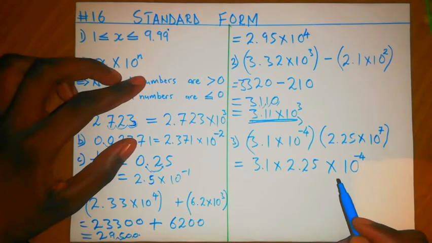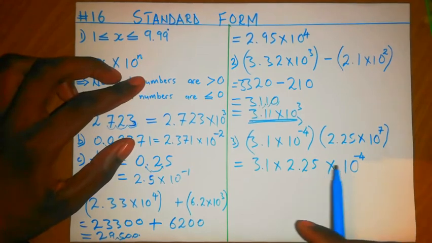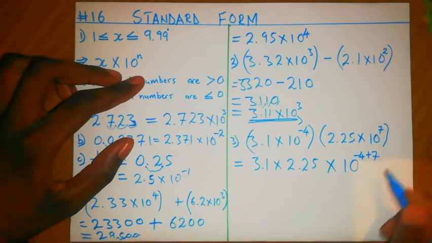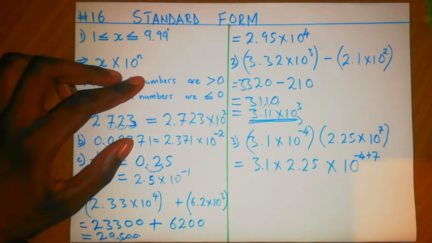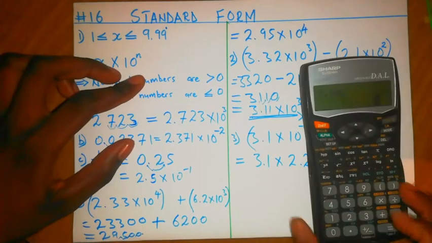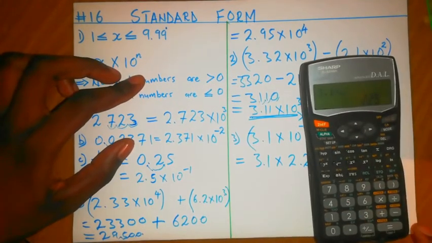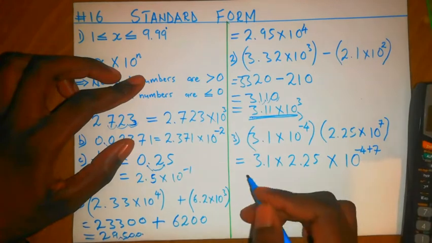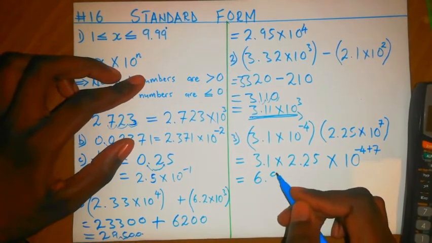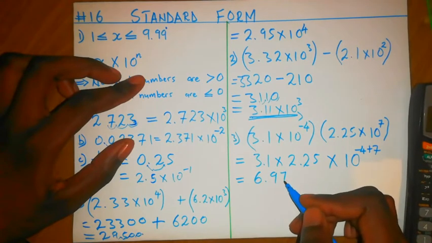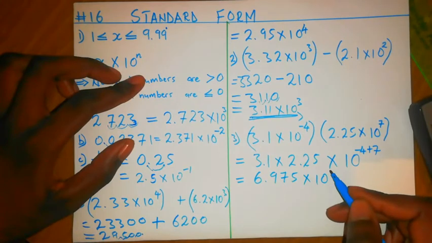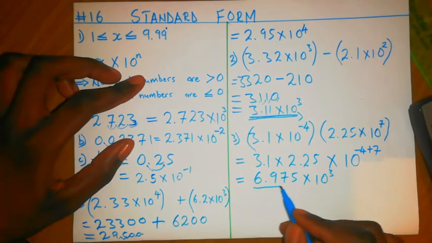According to the laws of indices, if I'm multiplying, I add my powers, so I'm going to say plus 7. I'll multiply 3.1 times 2.25. So that's equal to 6.975, then times 10 to the power 3. That is my final answer.